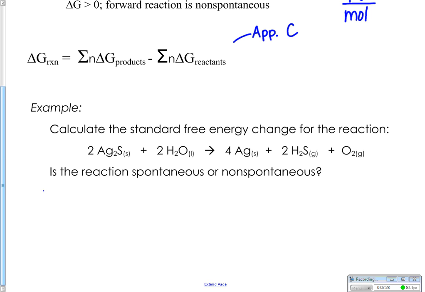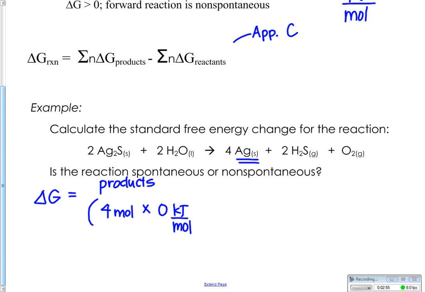So the first thing we're going to do is figure out what the products will be. So I'm going to make a little list here just because there's a lot more elements and compounds here. So for silver, at its standard state, that has a value assigned to it of 0. So even though there's 4 moles of silver, and I'm writing down all of this to be obvious, this has a value of 0 kilojoules per mole. Now that's the part that is just the silver. I have to add to it the sum of all these other products.